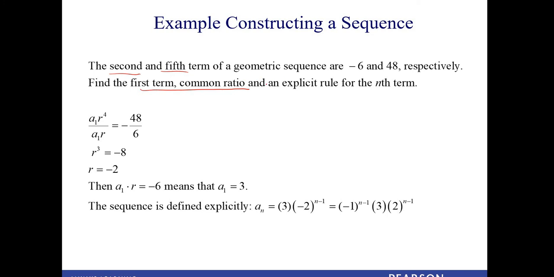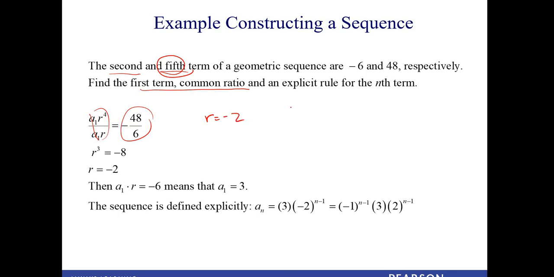So the ratio of a sub 1 times r to the fourth, that's my fifth term, over a sub 1 times r, that's my second term, is negative 48 to 6. So simplifying, canceling, and using my power rule, I get r cubed equals negative 8, so r is negative 2. That means that my common ratio is negative 2.